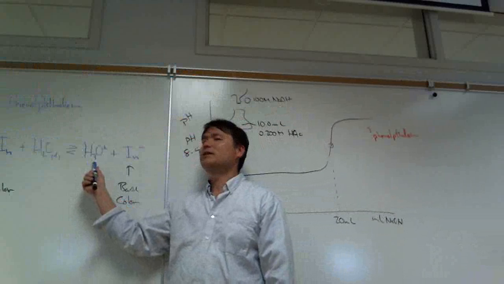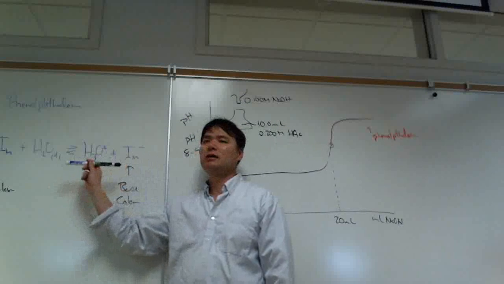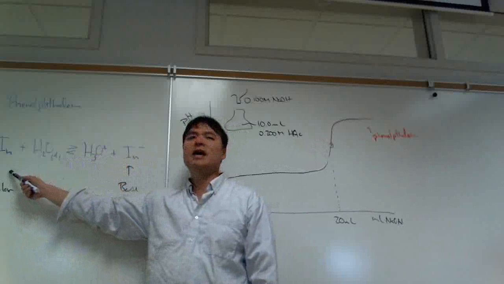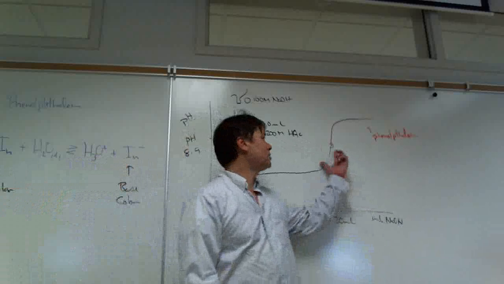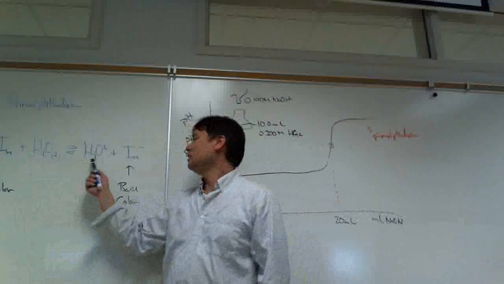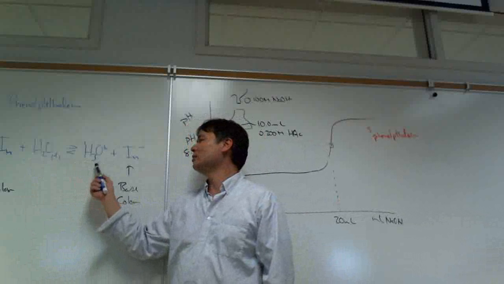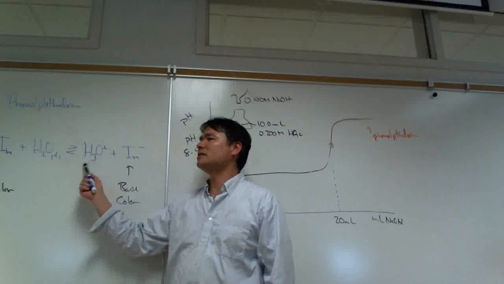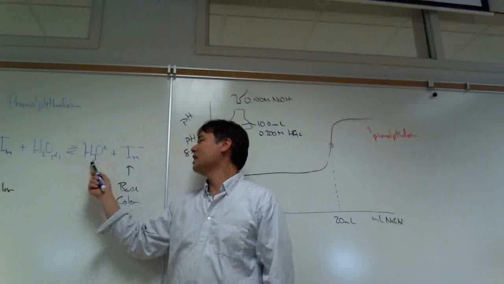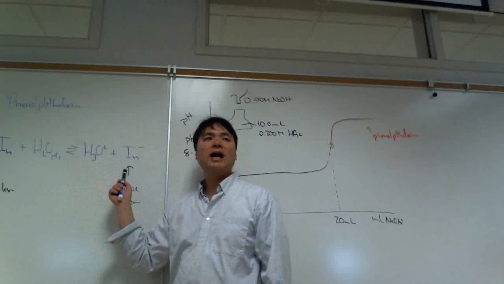If the solution is very acidic, it has lots of hydronium, which shifts the equilibrium to the left, meaning it's going to be the acid color. Phenolphthalein, the acid color is colorless, right? If we decrease the pH, that's making it more acidic. If we increase the pH, makes it less acidic. That means the hydronium goes down.